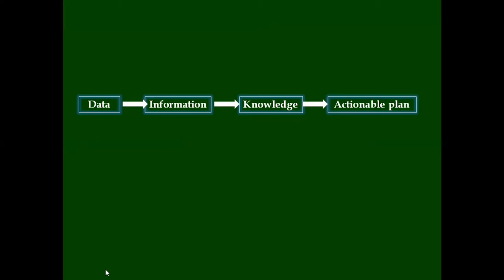These decisions are made based on the knowledge or information generated by the information system from a large amount of data. So if we want to understand the flow of business intelligence, first of all we have data. After processing that data we get information, and from that information we get the knowledge or intelligence, and after applying that knowledge or intelligence we can find the actionable plan, what we have to do in actual.